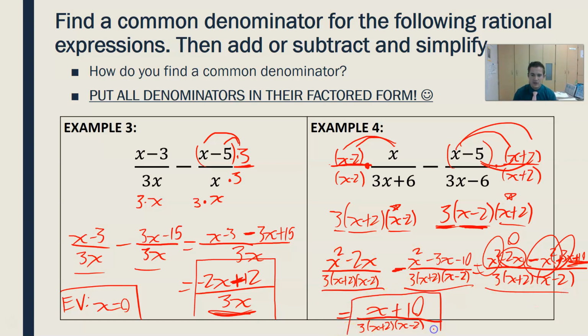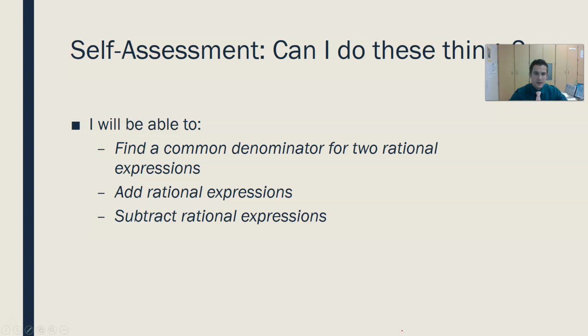So my solution here would be x plus 10 over 3 times x plus 2 times x minus 2. And my excluded values would be 2 and negative 2, because if I put 2 or negative 2 into the denominator, it would force me to divide by 0.